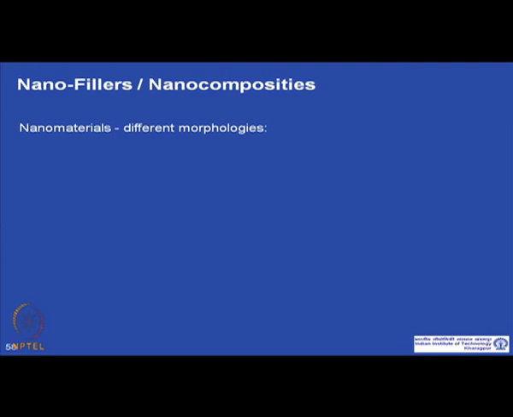Some of the newer fillers which are nowadays used in polymer formulations are nanofillers, and when they are added to the polymer formulations, the resulting polymers are called nanocomposites. Some nanomaterials used as fillers are nanoparticles.